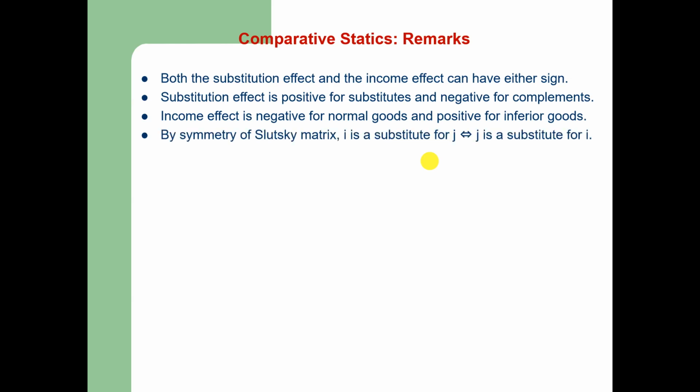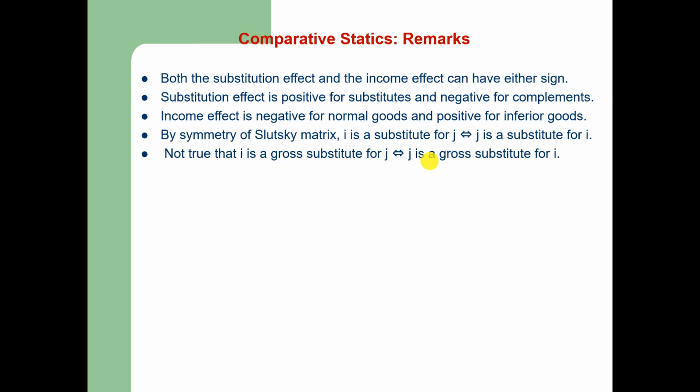By symmetry of the Slutsky matrix, if xi is a substitute for xj, then xj is a substitute for xi. That is the symmetry of the Slutsky matrix. But if xi is a gross substitute for xj, it is not true that xj is a gross substitute for xi.